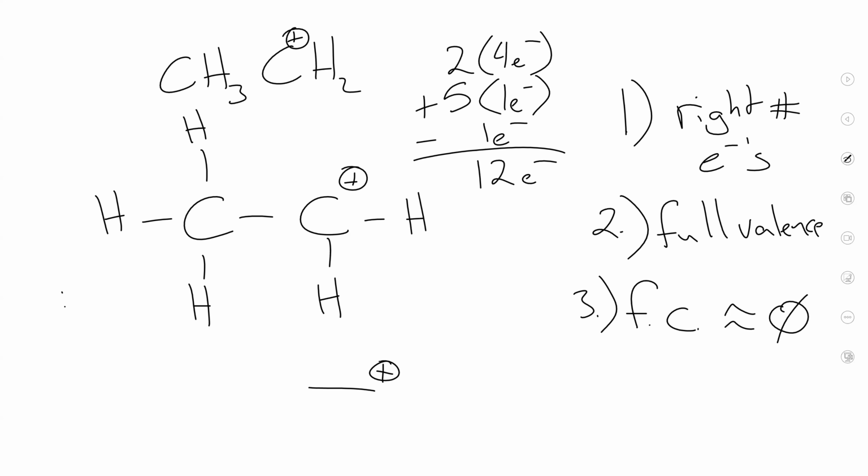This is a little bit different than just writing the molecular formula, because we actually show some structure. We didn't write it as C2H5 with a plus charge, right? That's the molecular formula. This is called the condensed structural form. It's kind of a holdover from back in the days before you could really easily do skeletal structures.